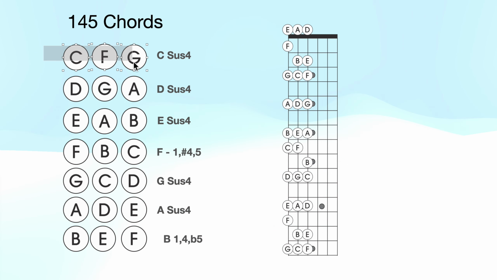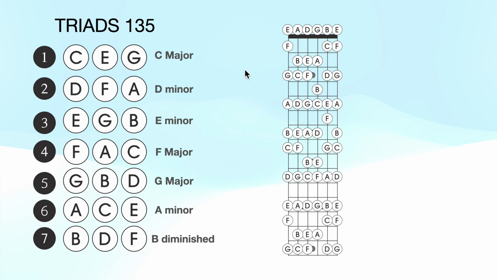If I take the 3 notes of a suspended chord, C, F, G, and we compare it to the triads, we'll see that one of these notes of the suspended chord is present in all of the triads.